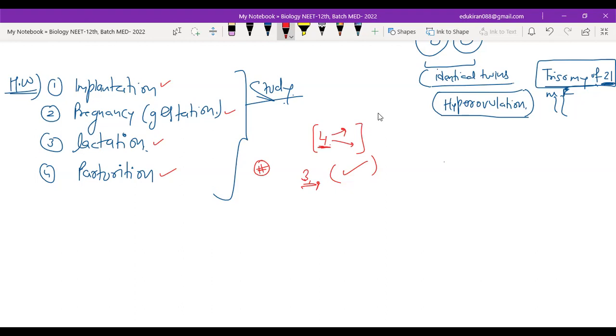And apart from that, what is the reason for variation? That is called mutation. One is mutation, focus on mutation. Then genetic recombination. Recombination and linkage is a very, very famous favorite topic.